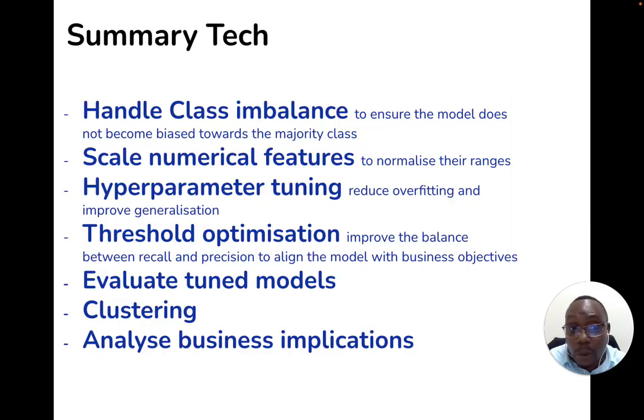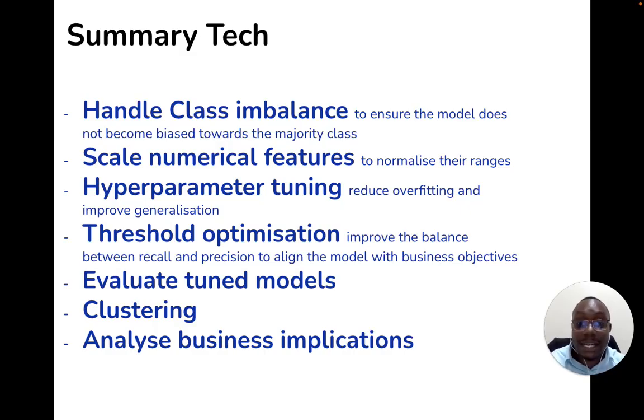So in summary, we've used several techniques. The key was to handle class imbalance to make sure that the model is not biased towards the majority class. Scale numerical features, key to work. Do hyperparameter tuning to reduce overfitting and improve generalization. Do threshold optimization to improve the balance between recall and precision. Evaluate tuned models.